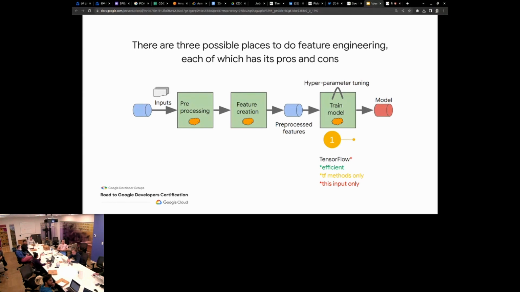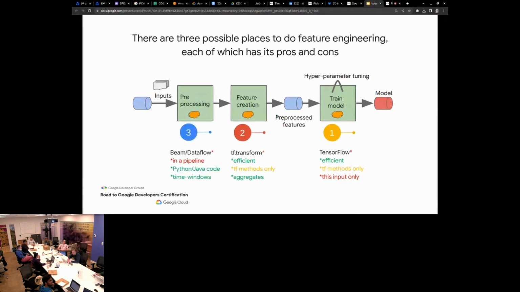So your model gets the input and only that input, and applies all of the transforms on it. What if you are trying to do something like a rolling average? You require some information from the previous or the future. What if we use this feature creation part, which is the TF transform? Let's not see that part for a second.